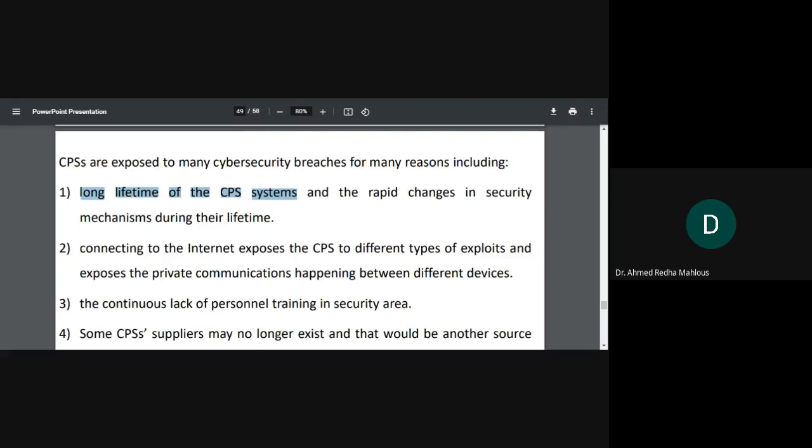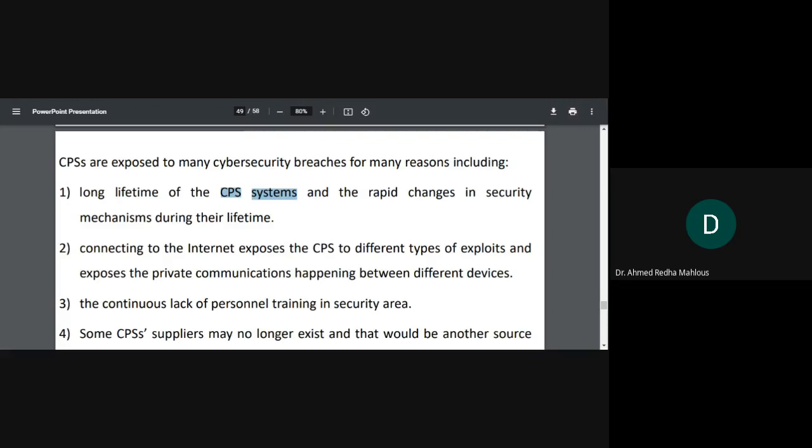And the problem is, compared to the lifetime of CPS, you have rapid changes in security mechanisms. During the lifetime of those CPS systems, you will find that the security procedures and policies have evolved, because you have new types of attacks. It is not stable.